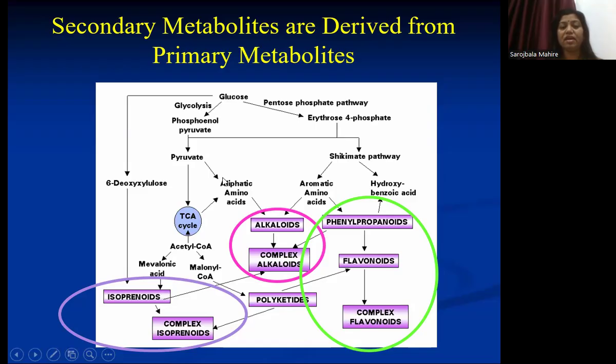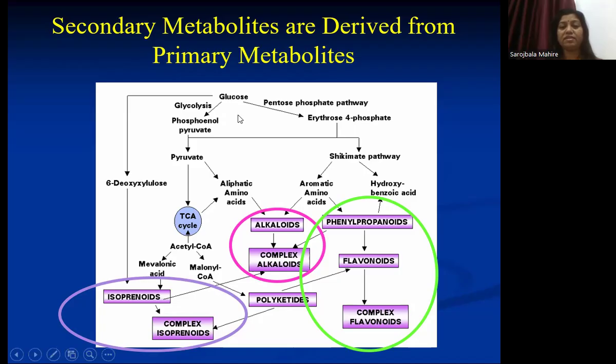From the TCA cycle, aliphatic amino acids are formed, and from these, alkaloids, which are secondary metabolites, are formed. And from alkaloids, complex alkaloids as well as more functional alkaloids are formed.